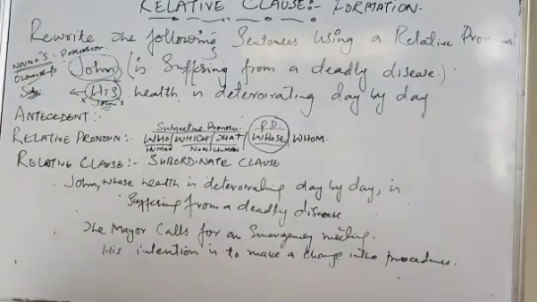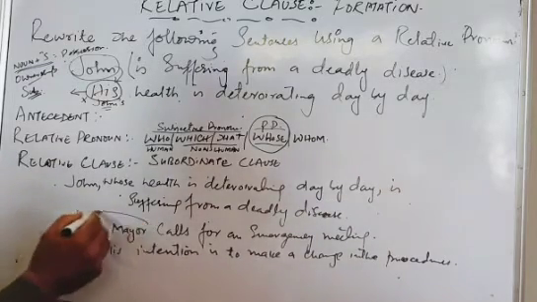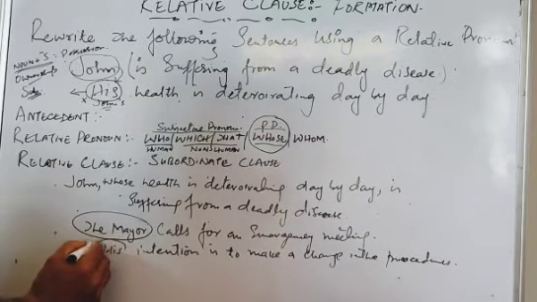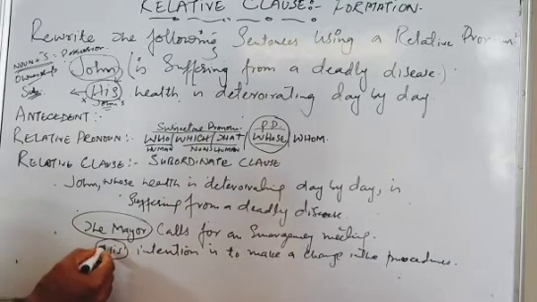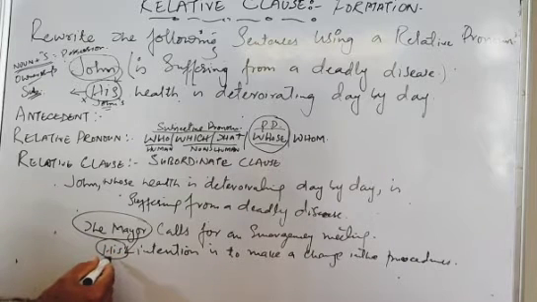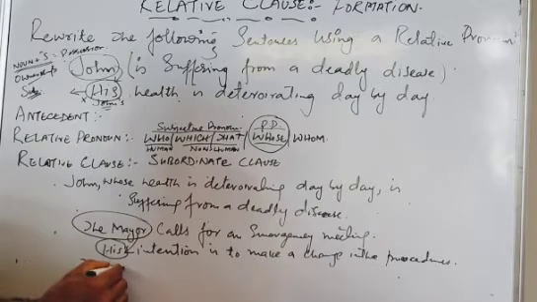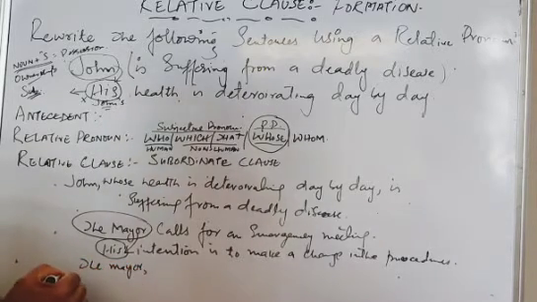Okay, let us follow the same procedure. His is derived from the mayor, so the mayor is its antecedent. We will write the mayor, comma.